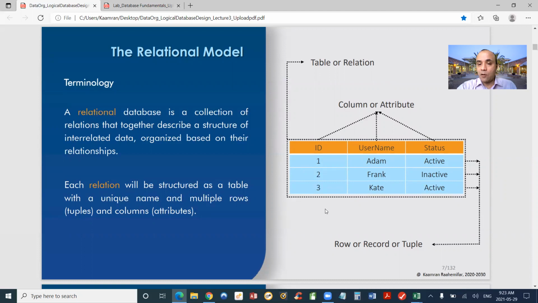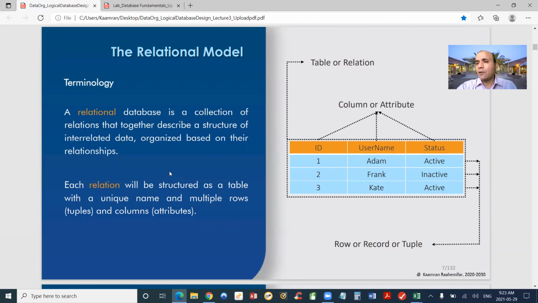So this is the ID column, this is username, and this is the status. So those are going to be the attributes or the columns of the table or relation. Then each of these are going to be called instances or rows or records or tuples.